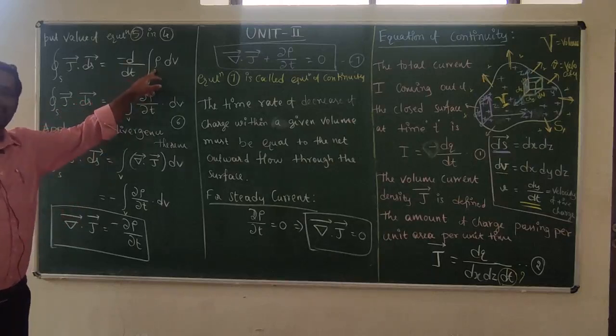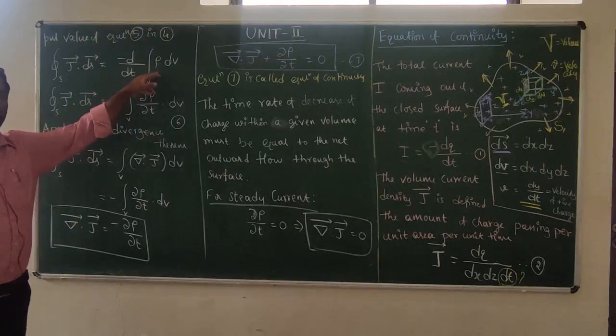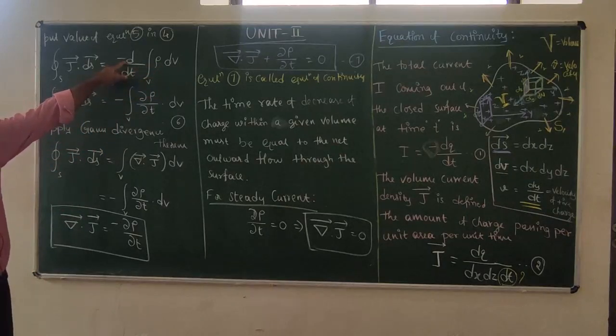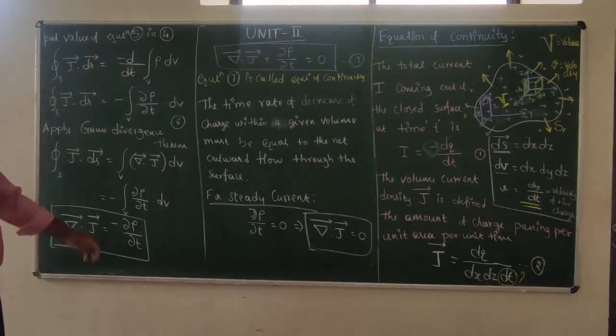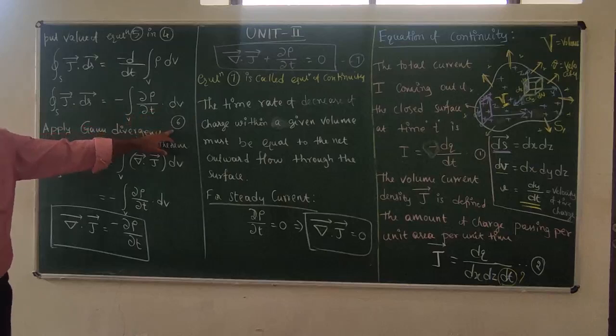If any quantity depends on more than one variable, then we are not supposed to use d by dt. Instead we have to use partial differentiation. That is why we have written dou rho by dou t in equation 6.